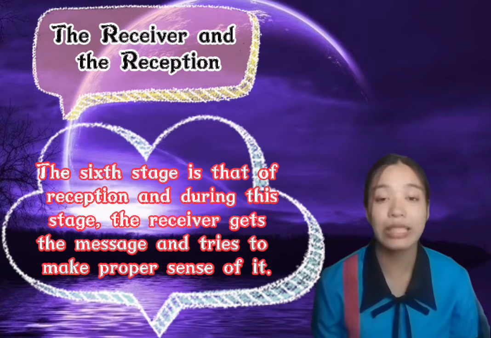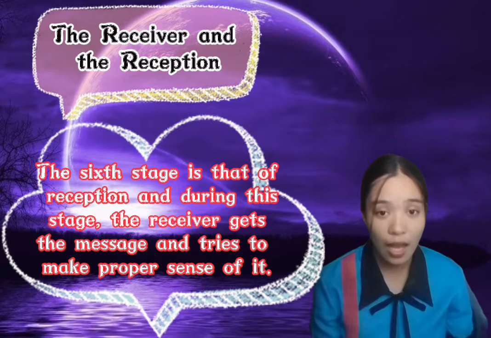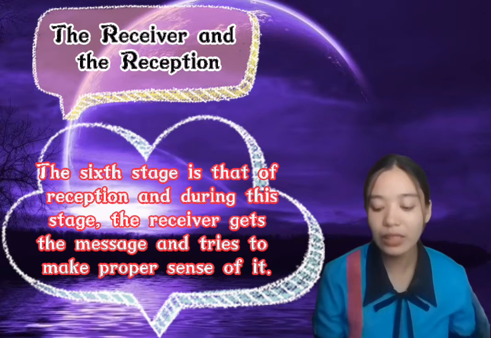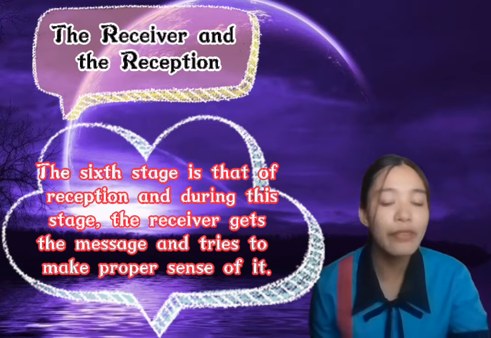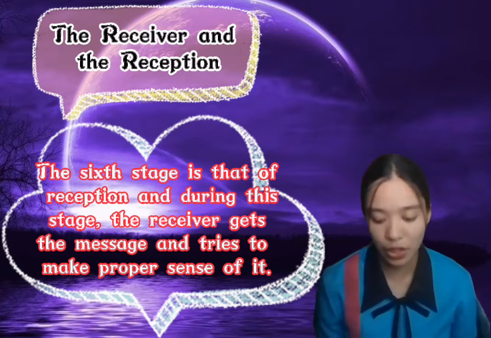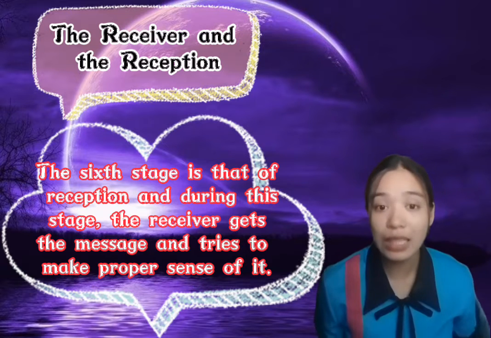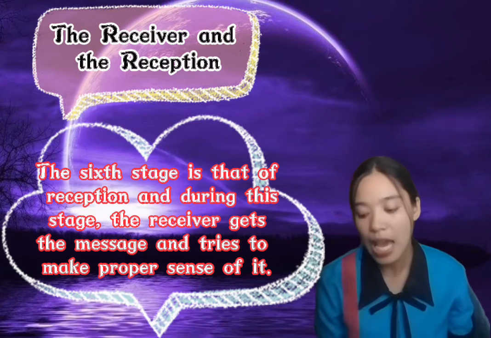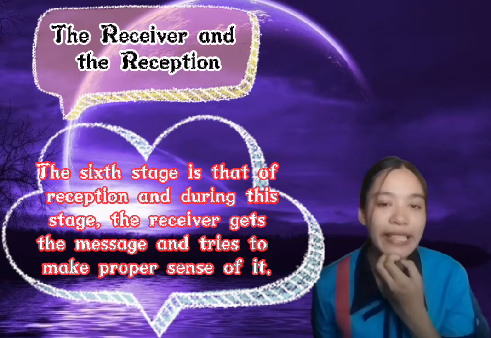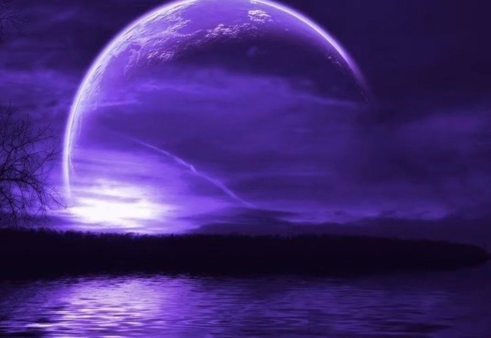So the receiver gets the message and makes proper sense of the message and the information inside it. The receiver is the last member, who receives the message.